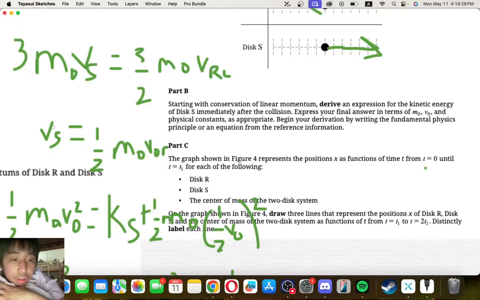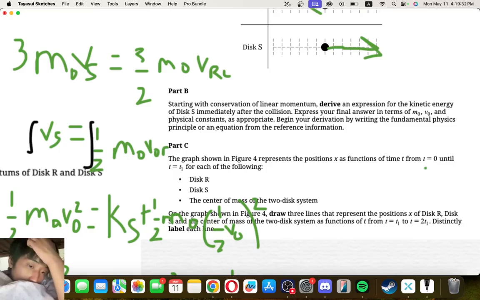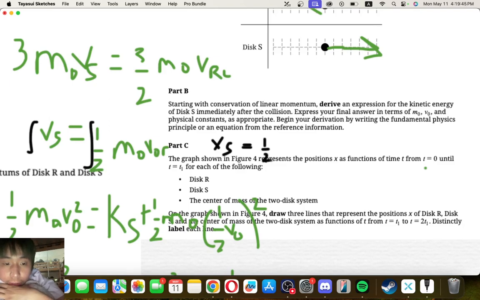So if we took the integral of this, we would get position XS equals 1/2 MO VO. It's with respect to time, so it's distance over time.